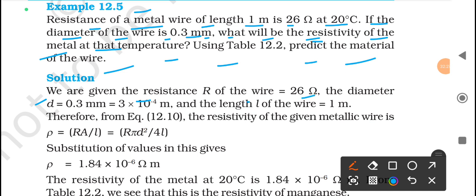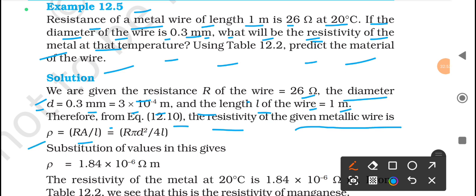Using table 12.2, predict the material of the wire. Solution. We are given the resistance R of the wire is equal to 26 ohm. The diameter d is equal to 0.3 millimeter is equal to 3 into 10 to the power minus 4 meter, and the length L of the wire is 1 meter.